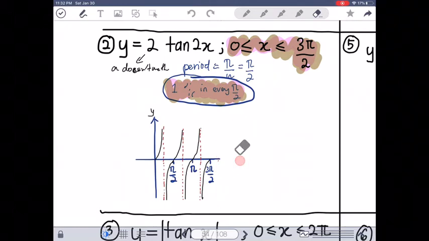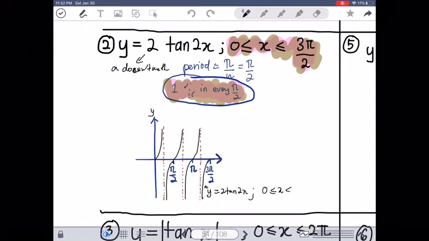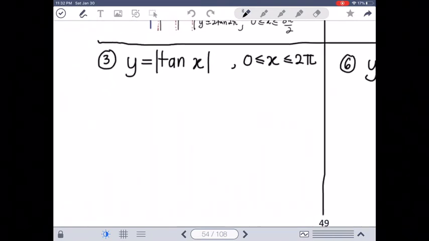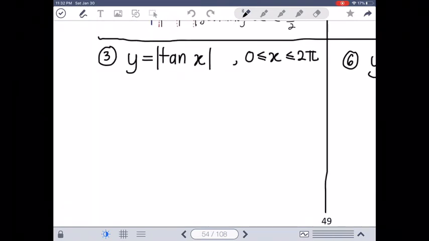So that is the end product, where we stop at 3 pi over 2. So this graph is the graph of y equals 2 tan 2x, such that x is from 0 until 3 pi over 2.